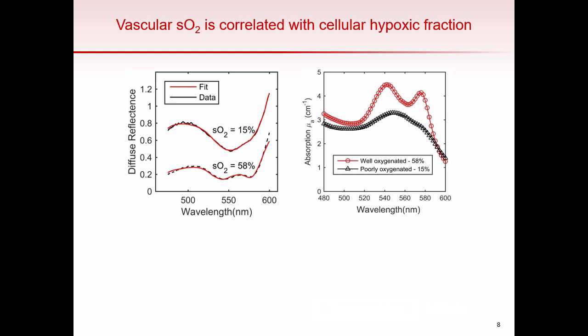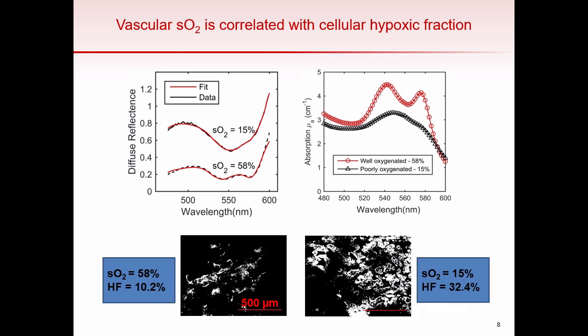Now, to validate these measurements, we looked at their hypoxia level, and interestingly, we found that the tumor with a high level of oxygen had a low hypoxic fraction, whereas the tumor with a low level of oxygen had a high hypoxic fraction. These images, by the way, represent pimonidazole, binarized images, where white pixels represent PIMO-positive areas.